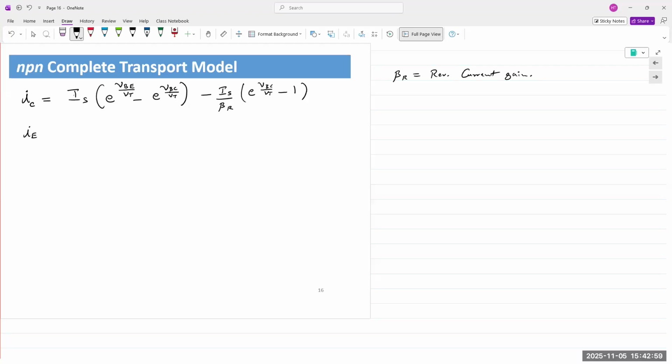IE equals IS times e raised to VBE over VT minus e raised to VBC over VT, plus IS over beta R times e raised to VBE over VT minus 1.